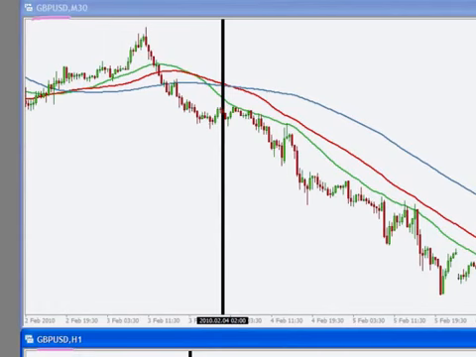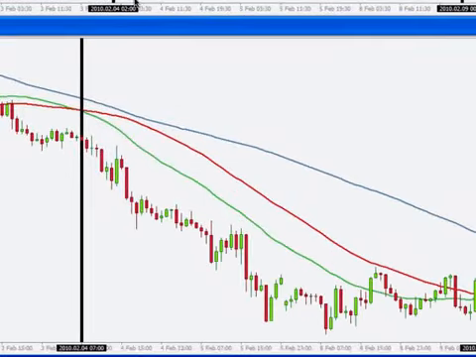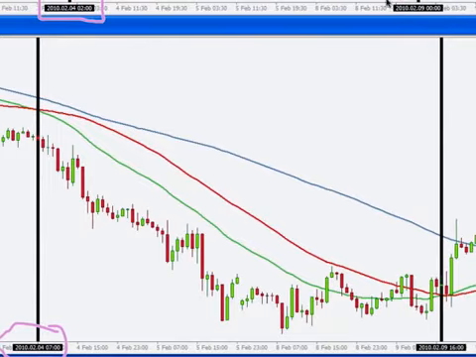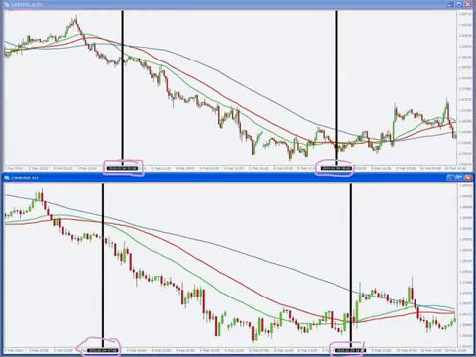Both charts also relate to the same period of time, from the 4th of February 2010 all the way to the 9th of February 2010. So basically it's exactly the same chart. The only difference is that this is the 30 minutes time frame and this is the 1 hour time frame, right? Well, let's analyze these two different charts.